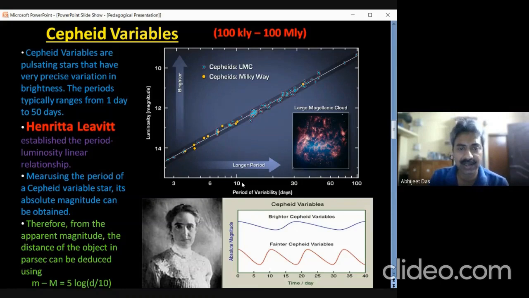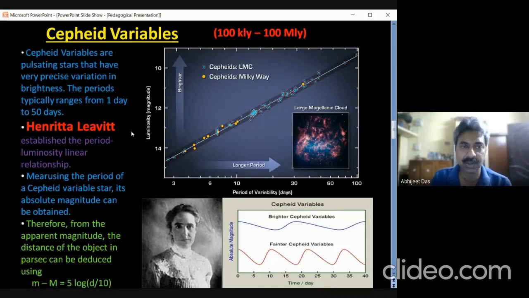We detect some Cepheid variables and measure the period, and from the period we get the luminosity straight away from this graph. And once we get the luminosity, we can find out the distance using the magnitude distance relation.